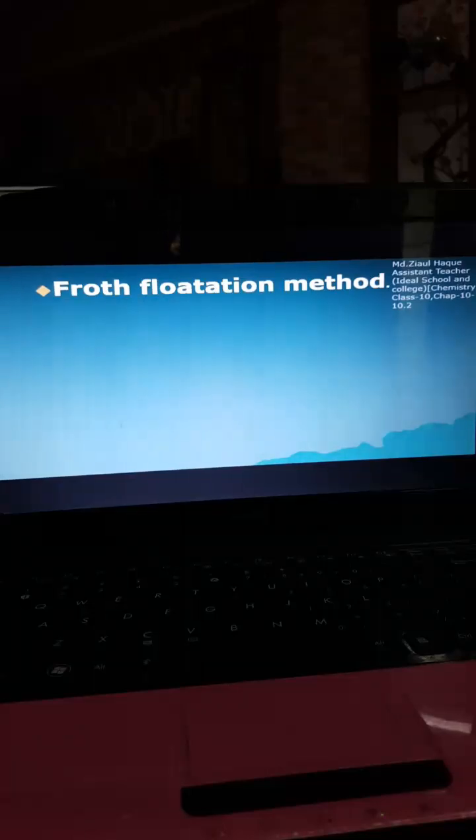In the froth flotation process, you have to mix water and oil, pine oil or another oil, then blow air pressure through it. Then sulfide ores will float easily over the water and oil, and the heavier gangue or unwanted things will remain under the water or oil.